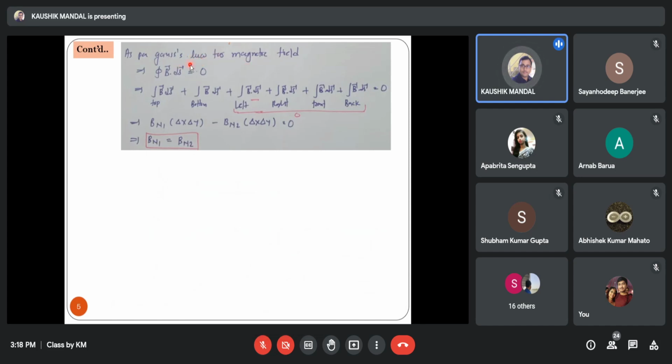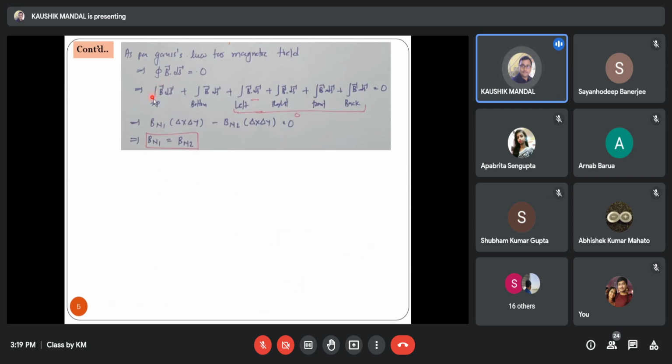As per Gauss's law, we know that the total closed surface integral of B dot ds will be equal to 0. As per Gauss's law, the total flux leaving a particular surface will be 0.